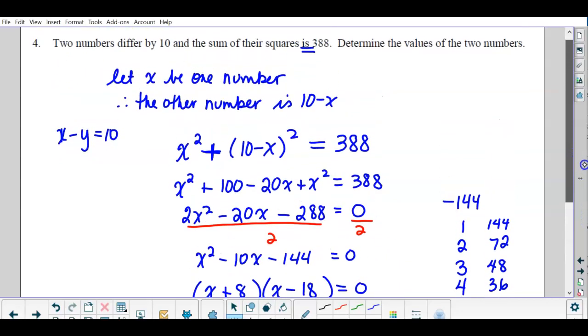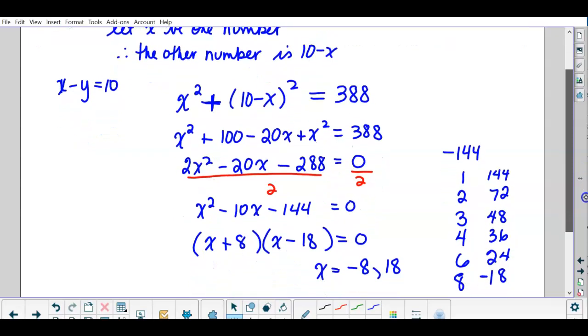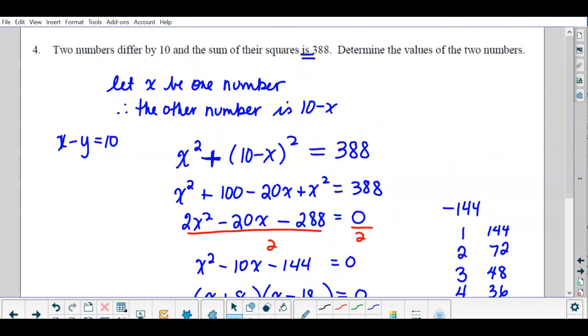I put this in here, I would get negative 8 and 18, which is not differing by 10.